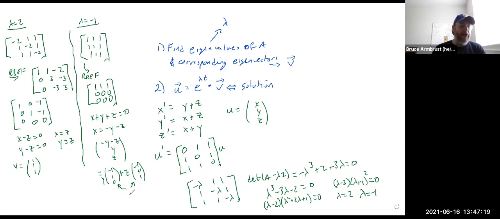But basically, I now have 2 eigenvectors that correspond with the same eigenvalue. So this is our repeated eigenvalue case. But here's what's kind of wild. When we go to actually create our solution, remember what we want is e to the lambda t times our vector.